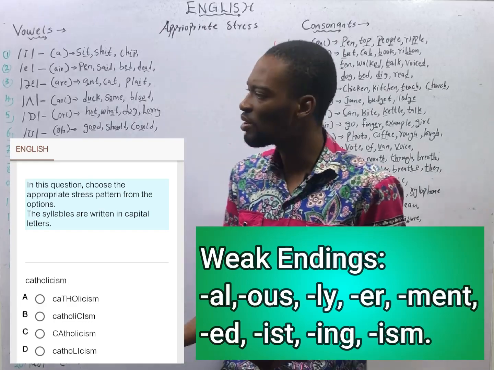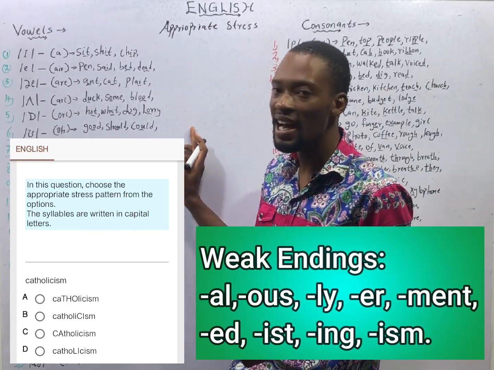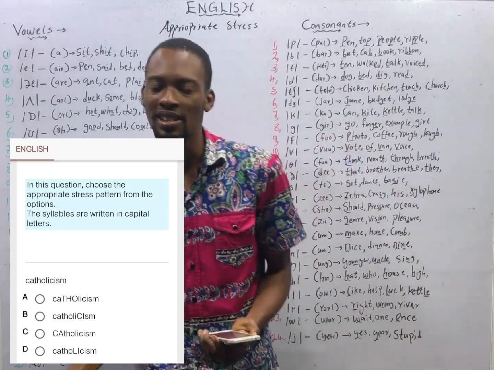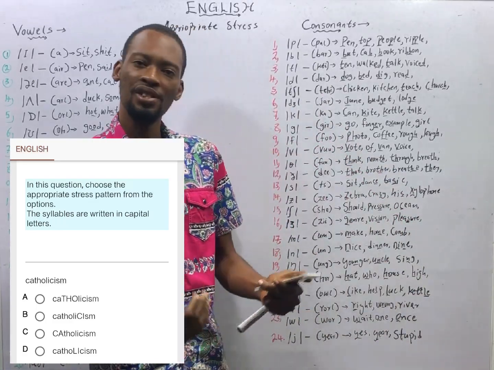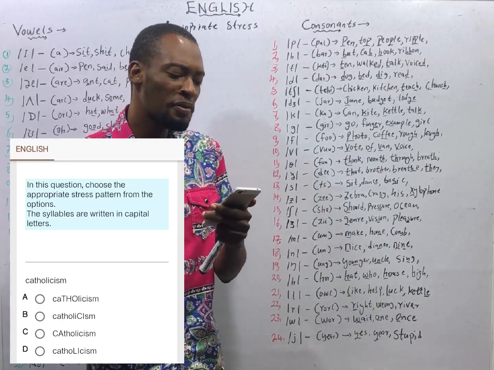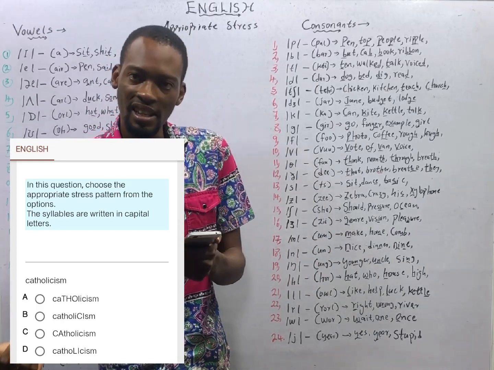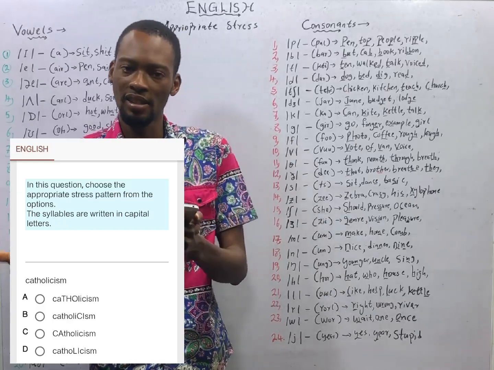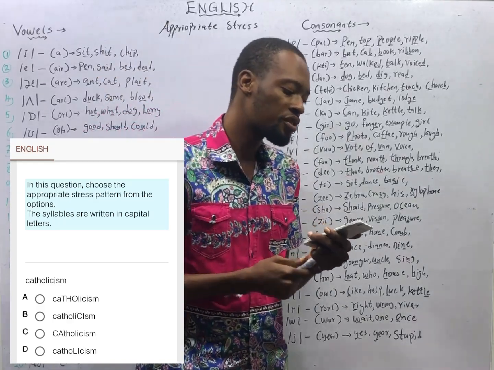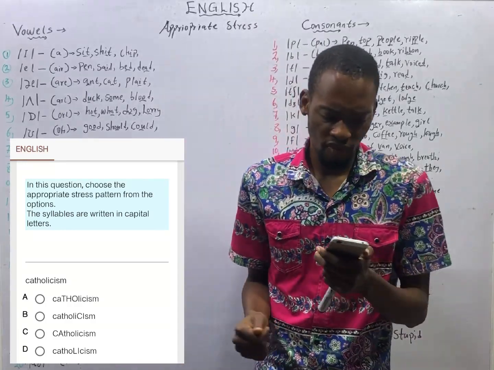Catholic ends in ic. Anytime a word ends in ic, you place the stress on the syllable before the ic. The syllable before the ic in Catholic is "toe." So, "toe" is the correct stress pattern.